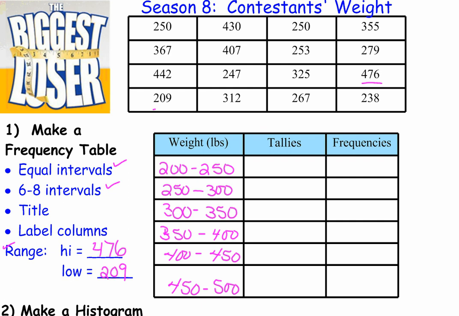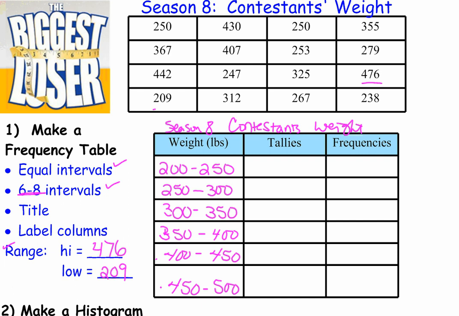I ended up with 1, 2, 3, 4, 5, 6 different intervals, so I'm hitting in this 6 to 8 intervals. I need a title on this, so contestants' weight, season 8, I suppose.